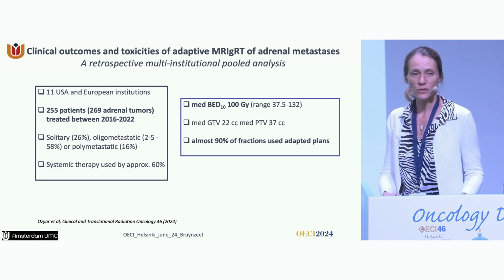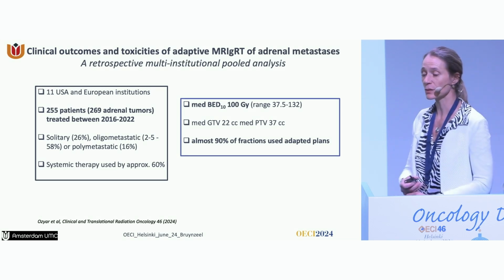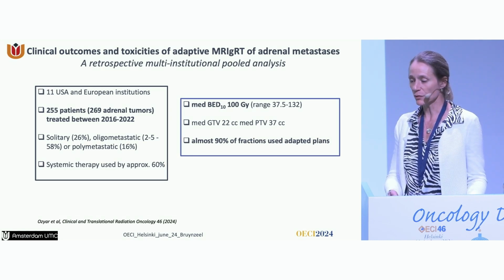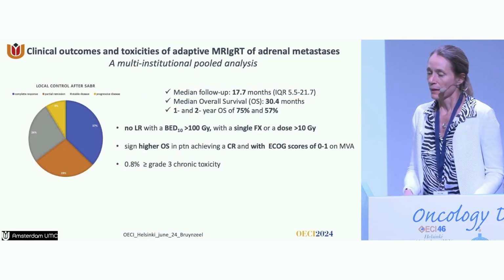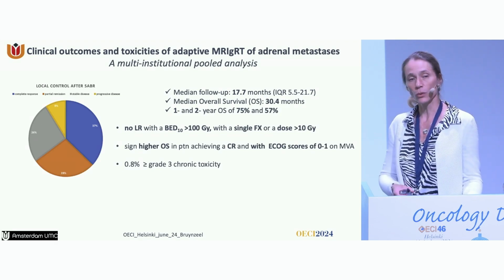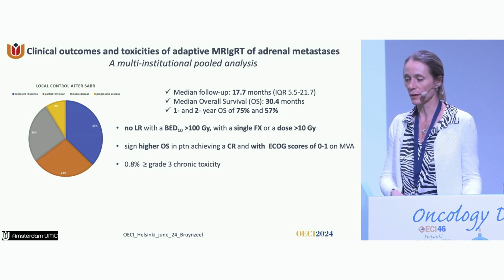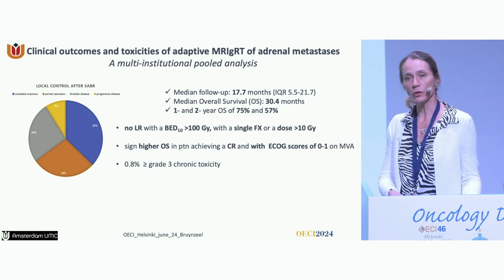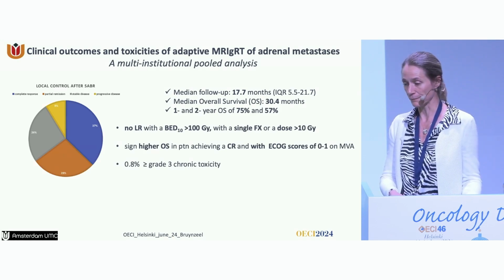These patients were treated over a period of 7 years with a median BED of 100 Gray, and almost 90% of fractions used adapted plans. Although not statistically significant, no local recurrences were observed after treatment with a BED of more than 100 Gray, with a single fraction, or with a dose per fraction of more than 10 Gray.